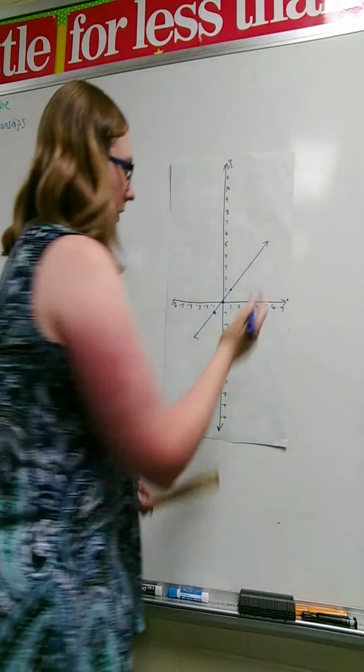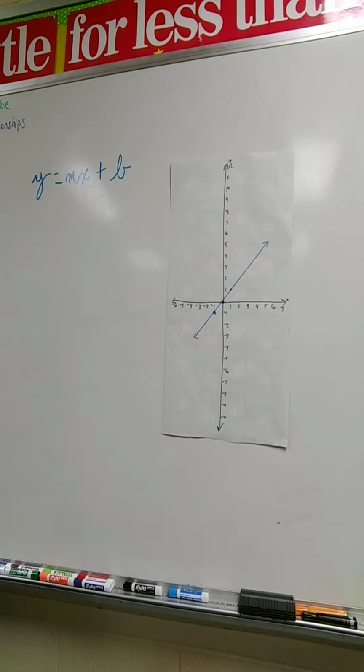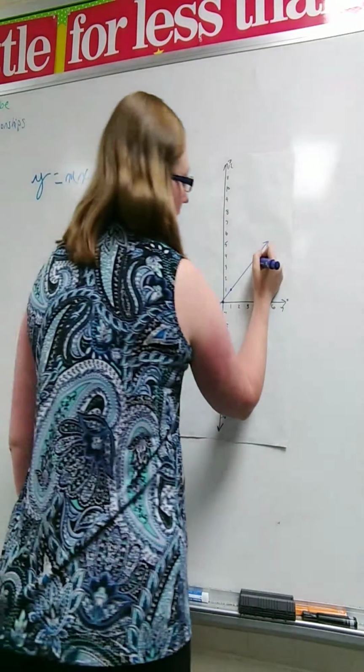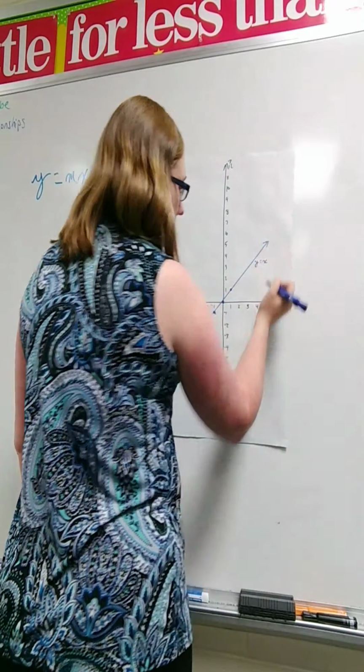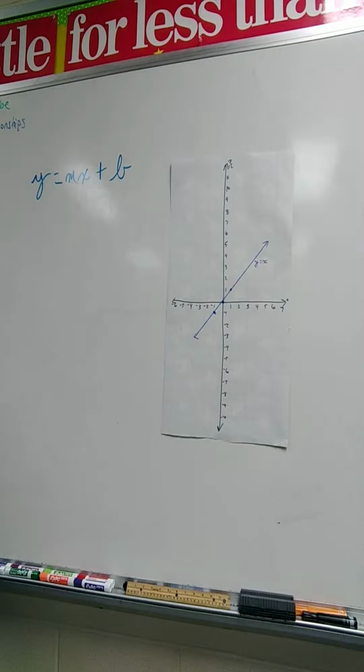Okay? We want to make sure that we label the lines that we graph. And this is y equals x. The second equation that I'm given in example 1 has y equals negative 3x plus 4.